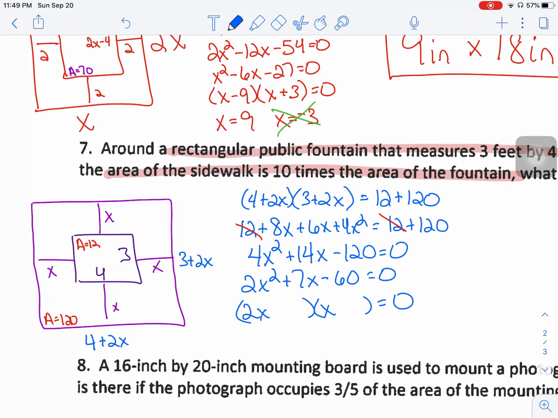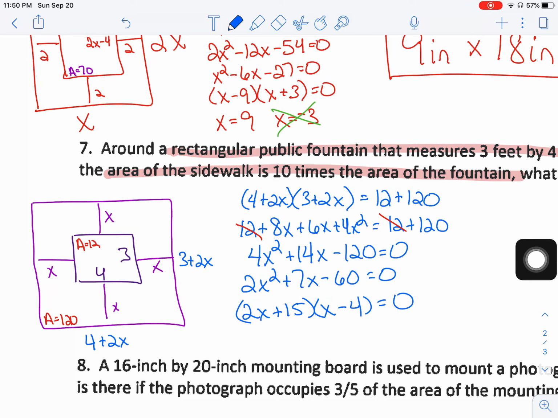I'm just not thinking correctly right now. All right, so if I do plus 15 and minus 4, let me double check that. That would be 2x squared, 8, so 15 minus 8 is 7. Let's double check. Yep, that's 7. And 15 times negative 4 is negative 60. Hey, cool. I can factor.